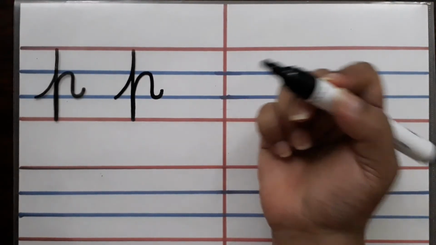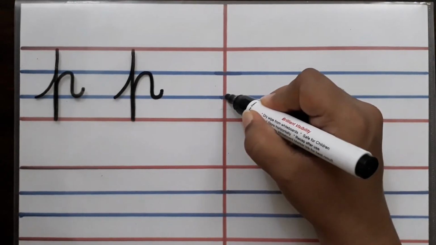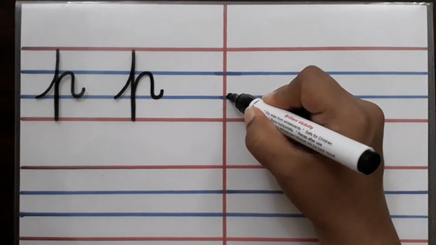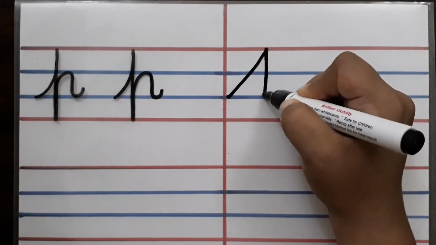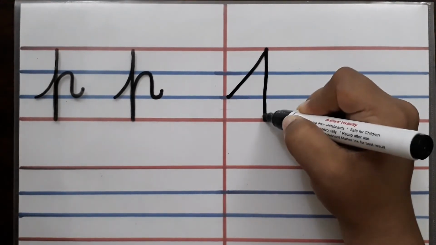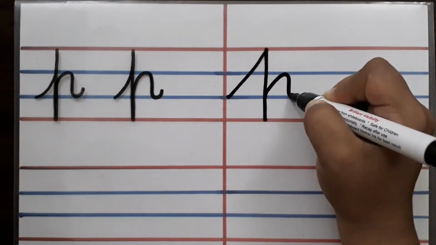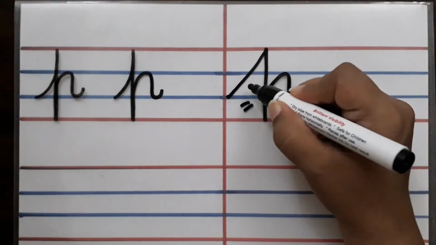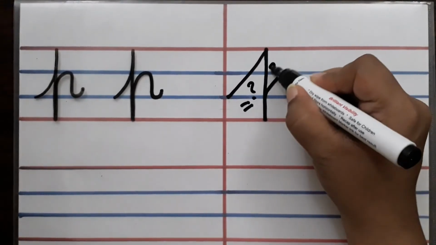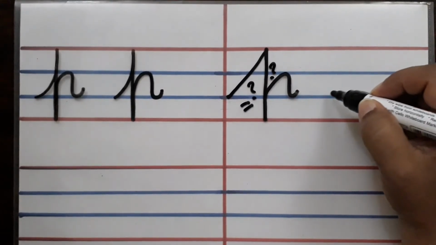P. Now children, we might make the mistake of writing letter P like this. So I'm going to make a straight slanting line and I will come down and I will go up and I will turn. So look at this gap over here and look at this gap over here. This is not correct. Okay?